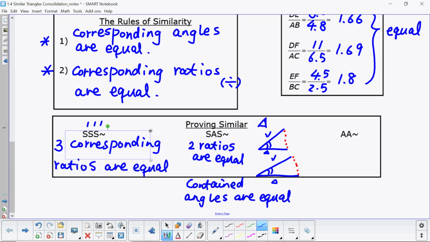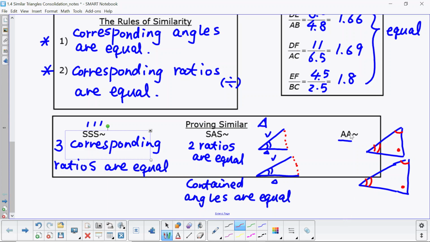And the last one is, if in a triangle you have two corresponding angles equal, so you have this angle equals this angle and this angle equals this one, then for sure the last one will be equal, because 180 degrees minus these two angles gives the last angle.